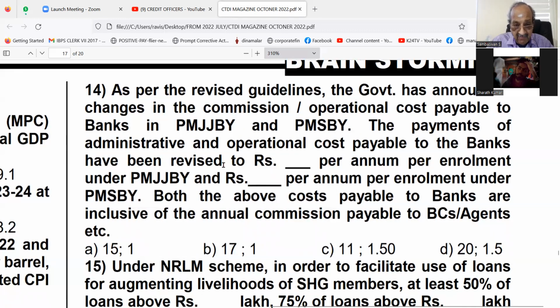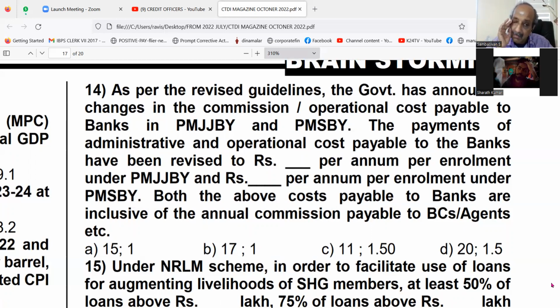Now read this with filling it up. Please read filling it up. As per the revised guidelines, the government has announced changes in the commission or operational cost payable to banks in Pradhan Mantri Jeevan Jyoti Bima Yojana and Pradhan Mantri Suraksha Bima Yojana.